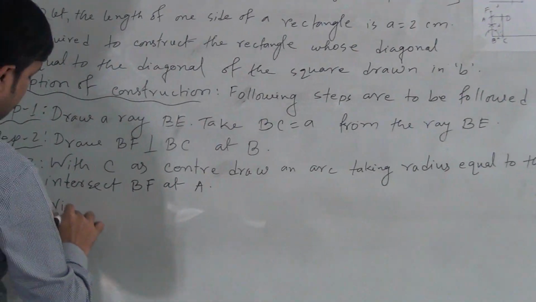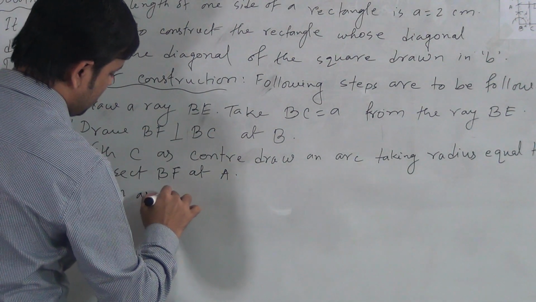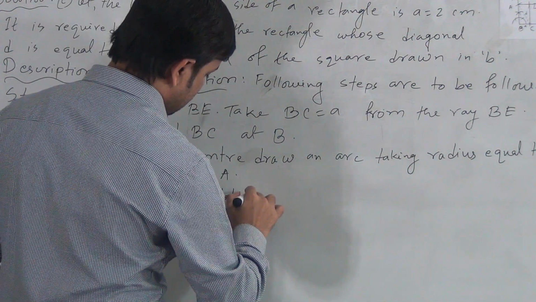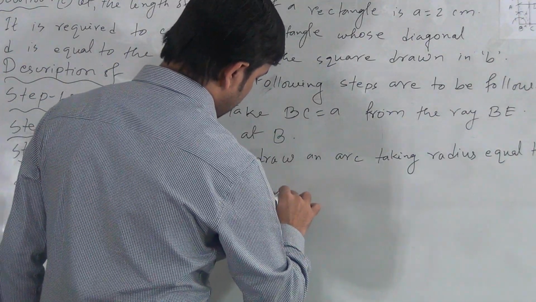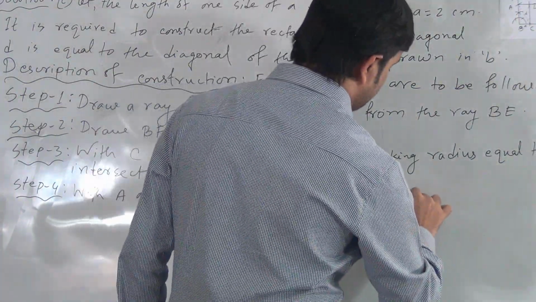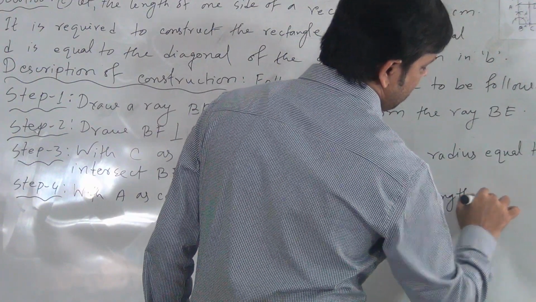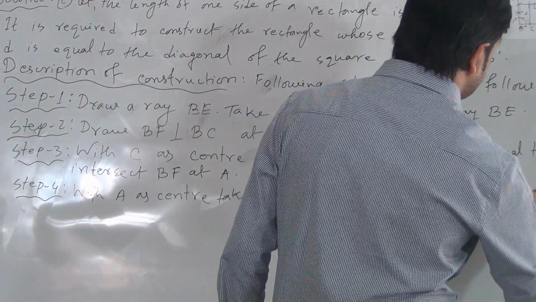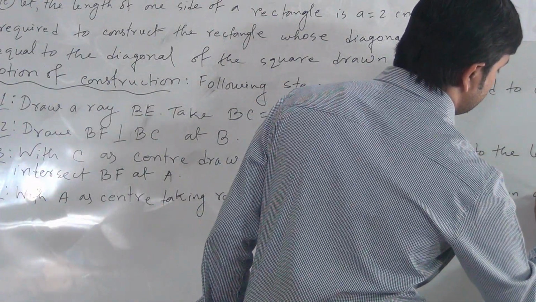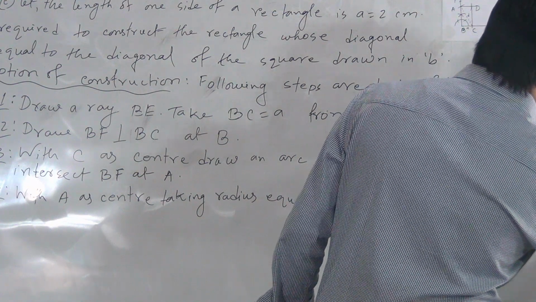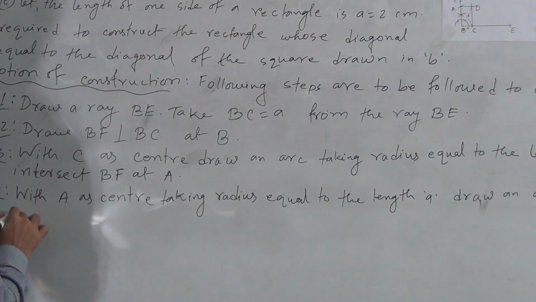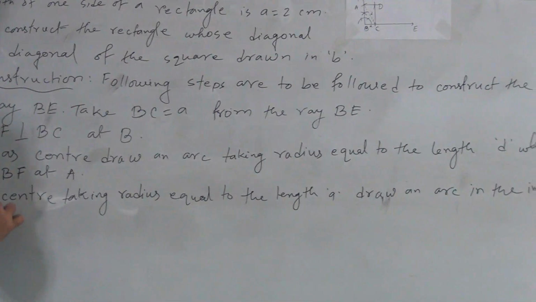So we can write: with A as center, taking radius equal to the length A, draw an arc in the interior of angle ABC.